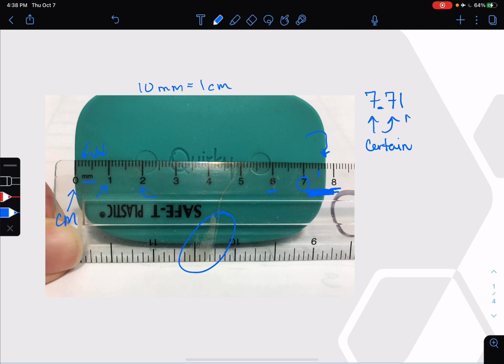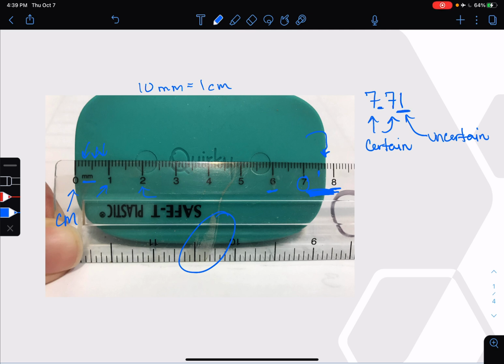And maybe the person who is across the room from you walks by and says, no way, that's right exactly at 7.70. And you would all be correct because the last digit is uncertain. That's our guess. Okay, that's where we're going to have a little bit of wiggle room right there.